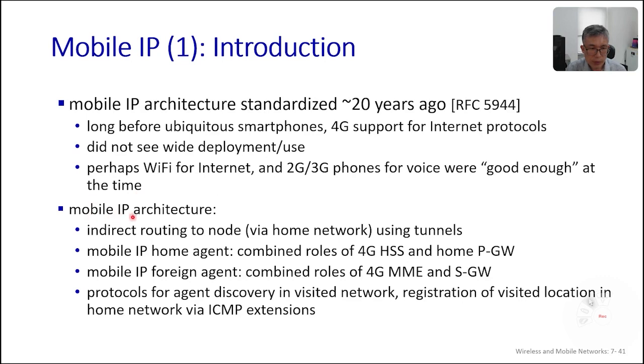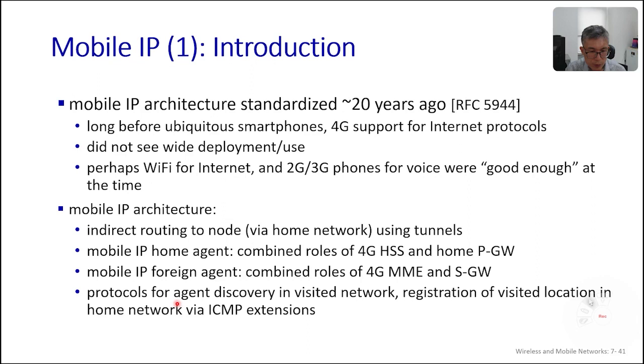The mobile IP architecture supports indirect routing to a node via a home network using tunnels. The mobile IP home agent combines the roles of the 4G home subscriber service, HSS, and the home P gateway. The mobile IP foreign agent is a combined role of the 4G mobility management entity, MME, and S gateway.